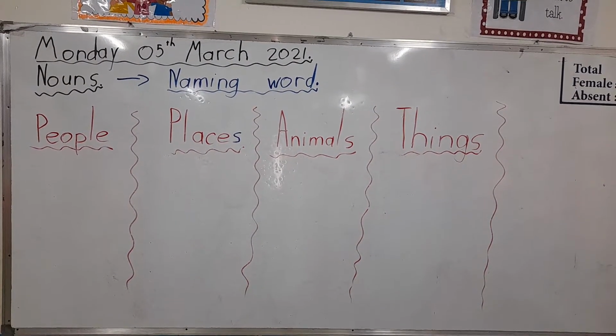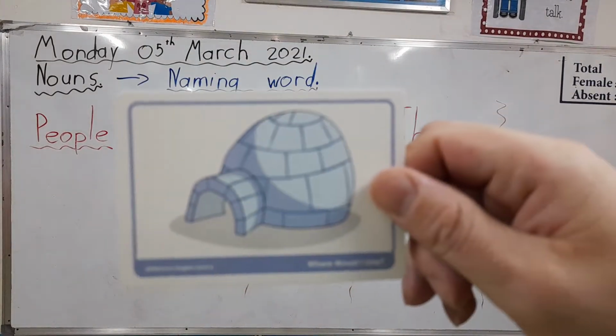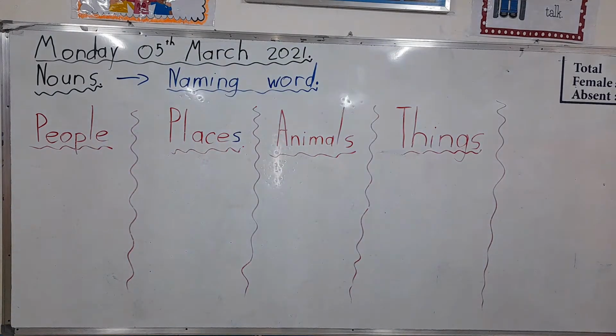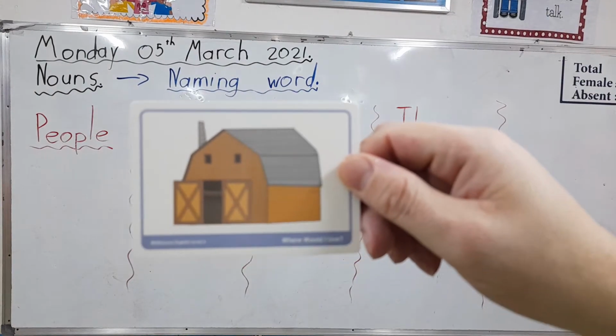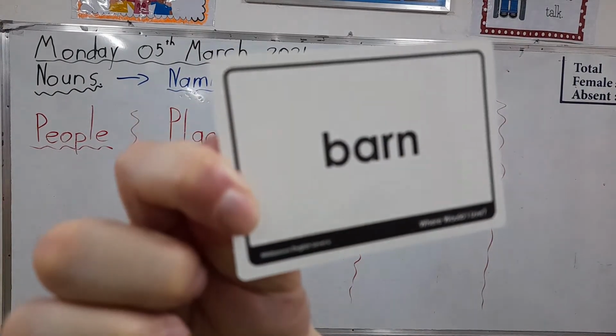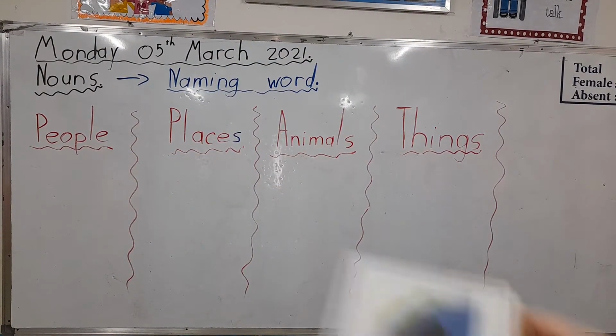And the last ones we have, we'll go even faster because we have many. You know this guy? Igloo. What about this one, where all the farmers work and keep their things? A barn. Very good.